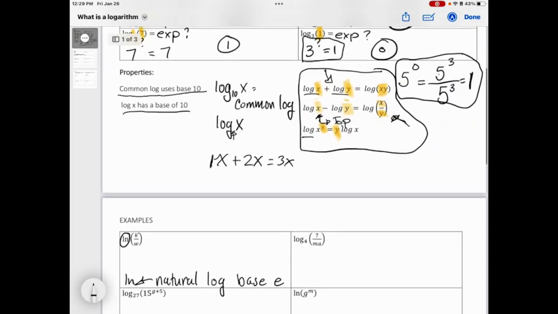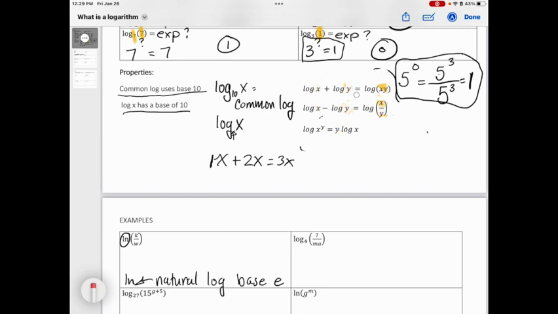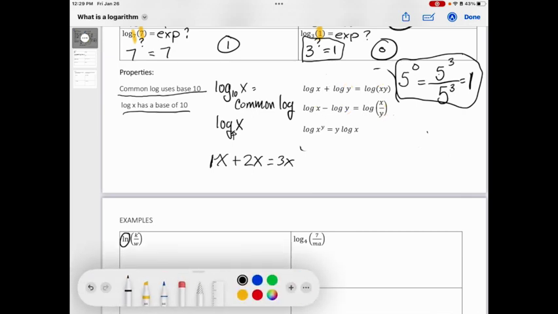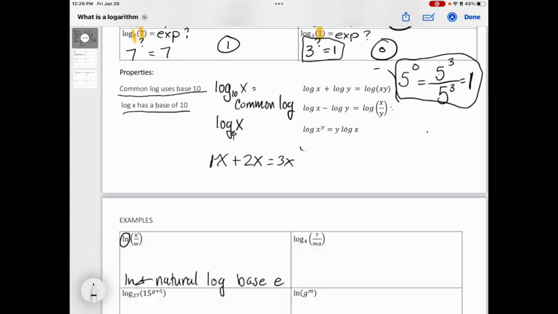let me erase now so that it's not so cluttered. Since we're looking at division, we want to look at this rule right here, rule number 2.